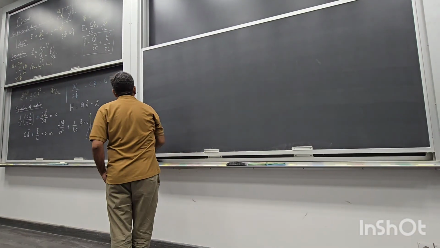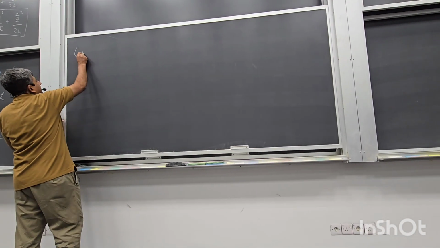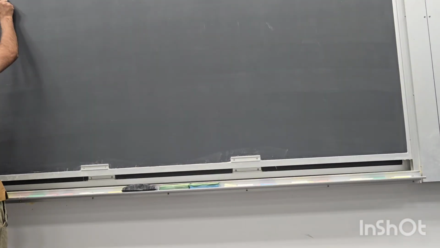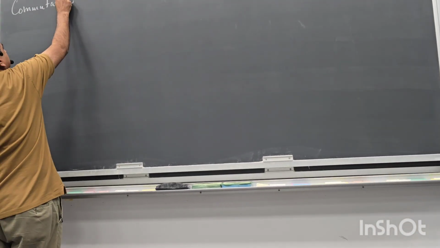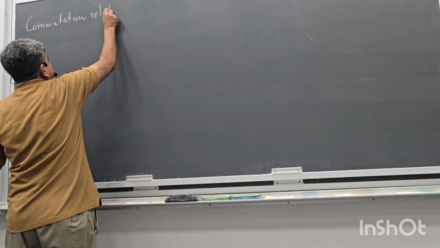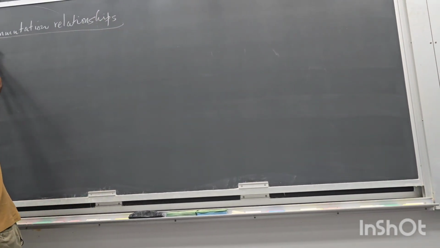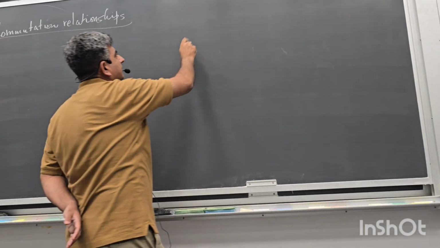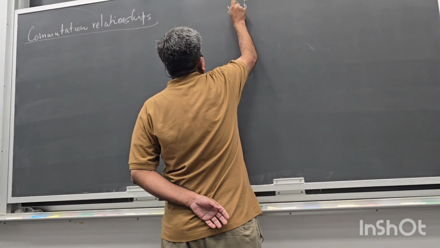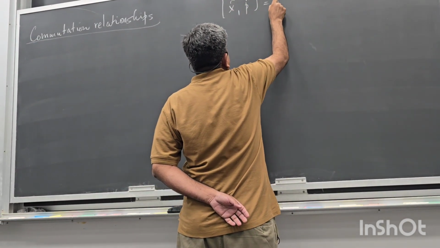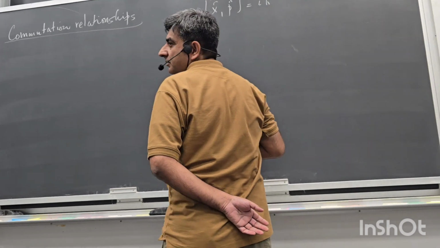So if I would like to write down the commutation relationships, first of all, I do know that my position and momentum operators have a commutator of i h bar.